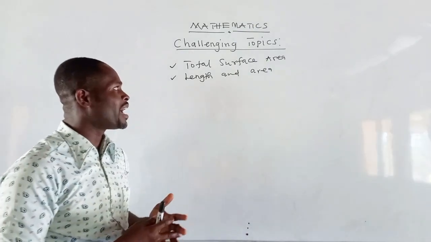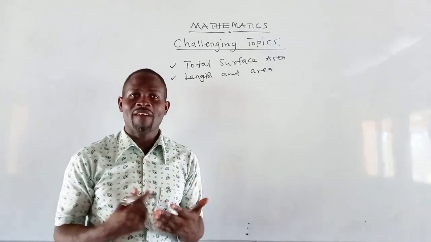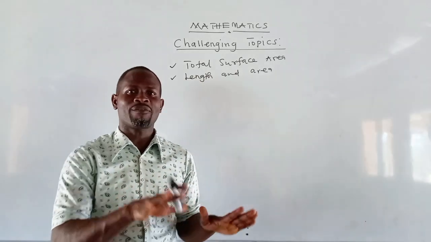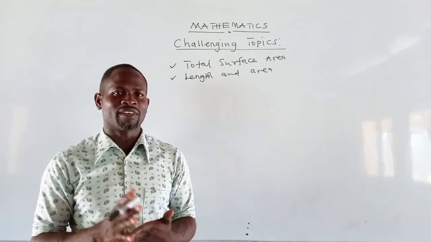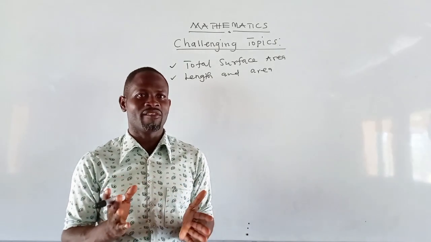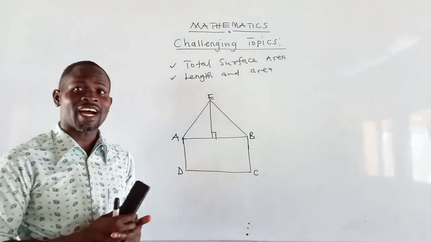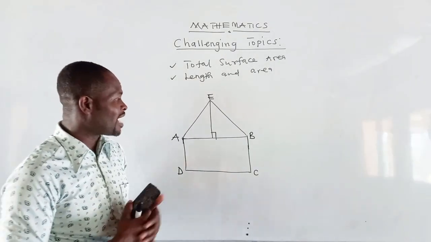Now when you are asked to find an area of a figure, area simply means the space that a figure is covering, or the surface that an object is covering. That becomes its area. To solve this figure, first we have to identify the shapes that are involved.